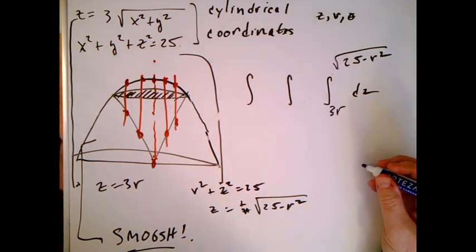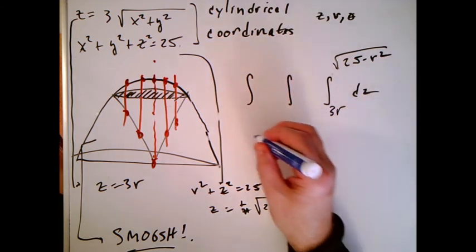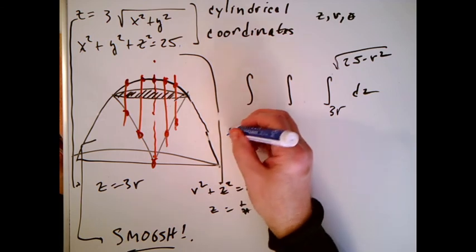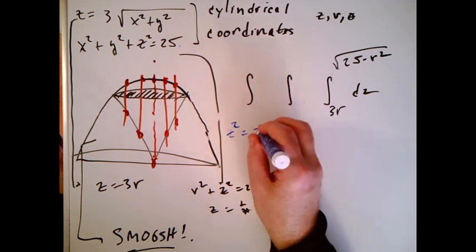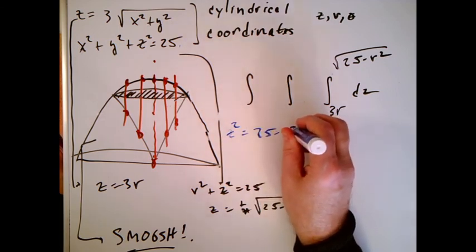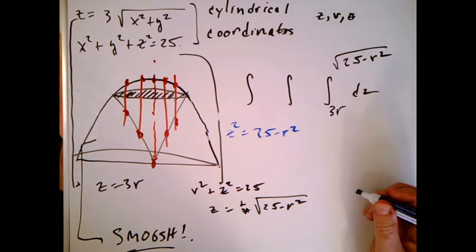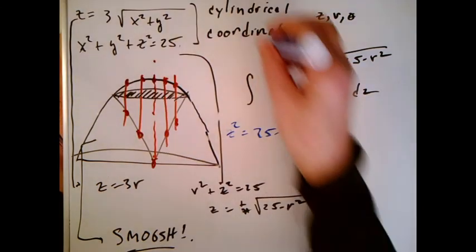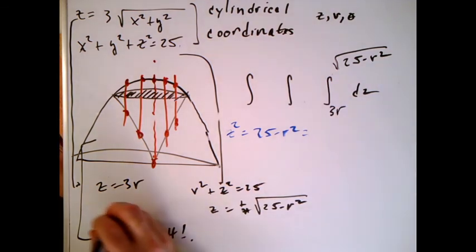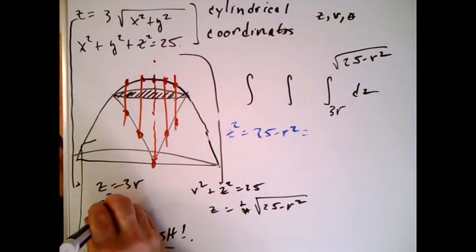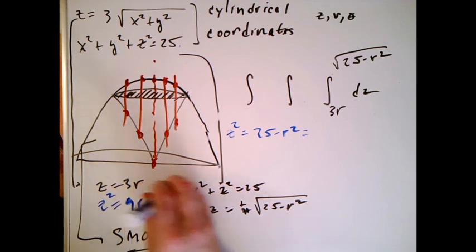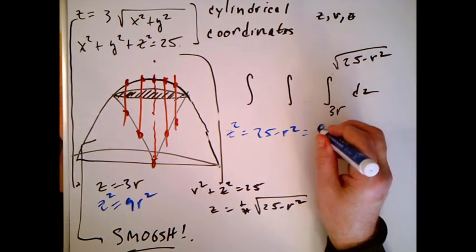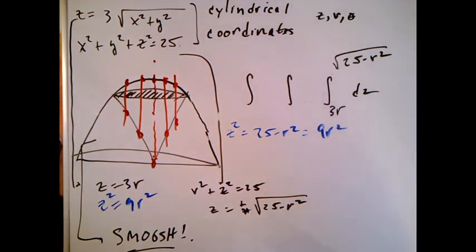What do I need to do? I'm going to solve my second equation for z squared. So z squared equals 25 minus r squared. And for the cone, z squared is 9r squared. So this is going to be equal to 9r squared. Just making sure I did this right.